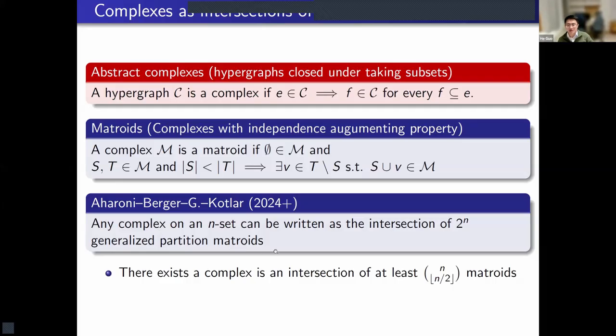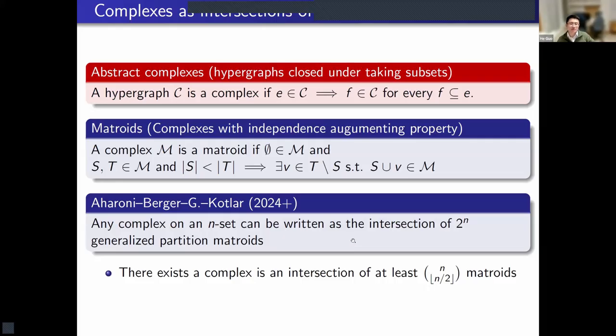And one thing I would like to say here is that this exponentially many is not too bad, because we also find an example of a complex such that if you want to write it as the intersection of some matroids, then you need at least n choose n over 2 many matroids, which is also exponential. So that is the first result I want to tell you.